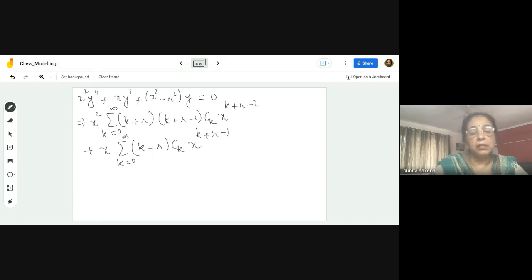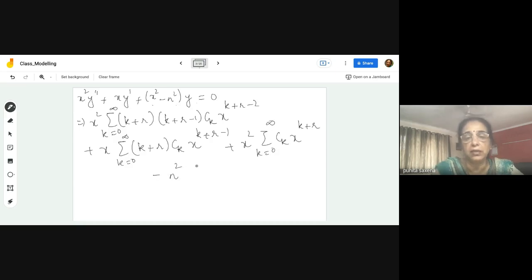It's very similar to what we did the other day. And then you have (x² − n²) y, so I'm going to get two terms here. One will be plus x² times the summation of c_k x^(k+r), k from 0 to infinity, and the other is going to be minus n² times the summation of c_k x^(k+r), k from 0 to infinity.